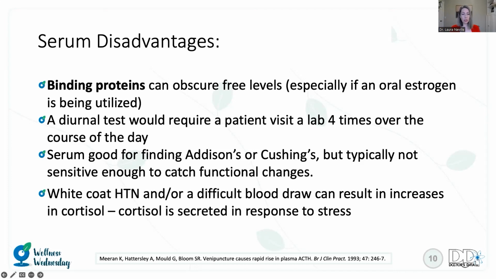We do have issues with white coat hypertension or having a difficult blood draw. That can increase cortisol if that's what you're interested in. And that cortisol is secreted in response to ACTH, or the stress hormone. There have been studies looking at this, that ACTH will increase within 90 seconds of that blood draw, and then cortisol will increase 4 minutes after that.